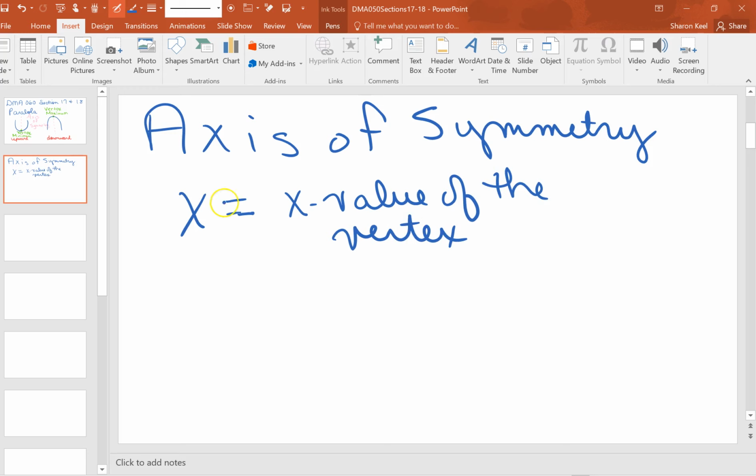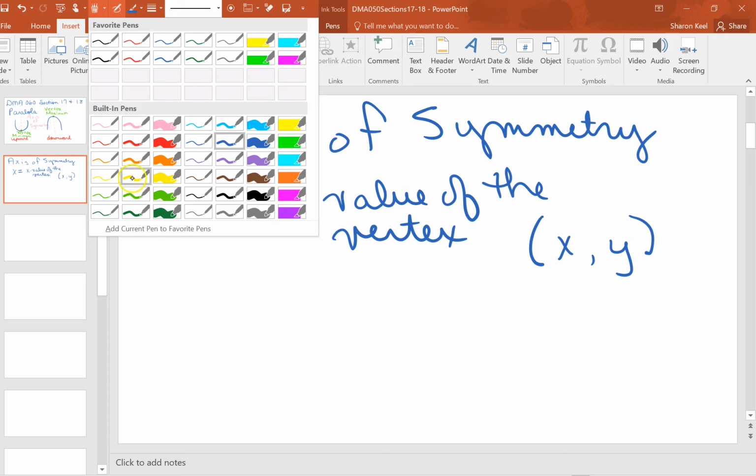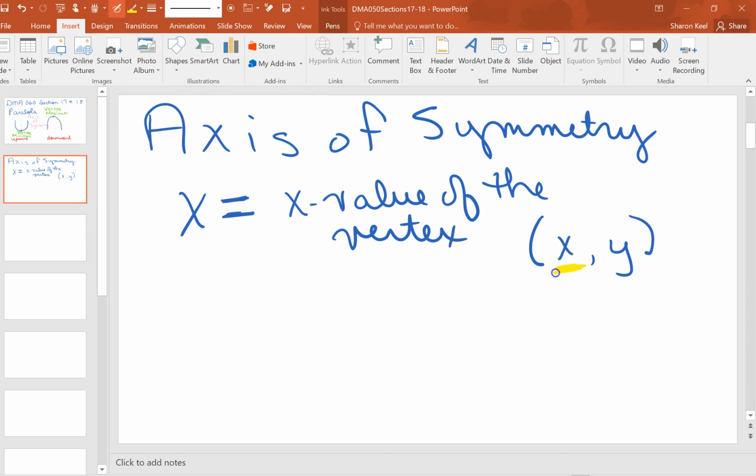So x equals is your equation, and then the number that you're going to key in is going to be the x value of the vertex. When you have a vertex, the ordered pairs are x and y. The one that you're going to use is going to be the value for the x.